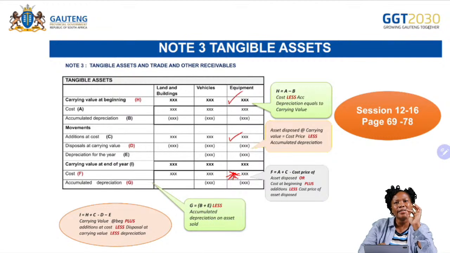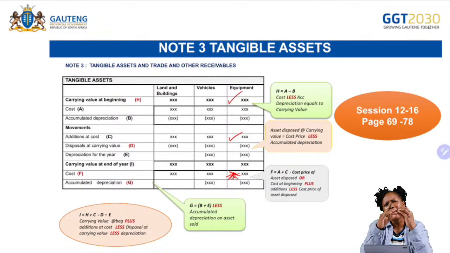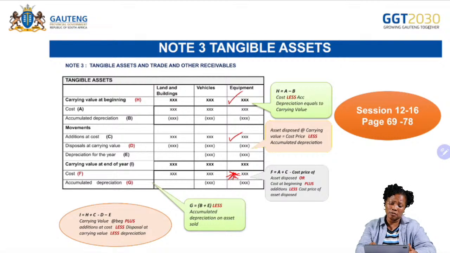But in an event where an asset has been sold, you will take out the cost price of the asset. And that is an area that is giving you problems. So if an asset has been sold, you take the asset out, you remove it from your financial statements, because it's no longer your asset, it's no longer benefiting you in the business.